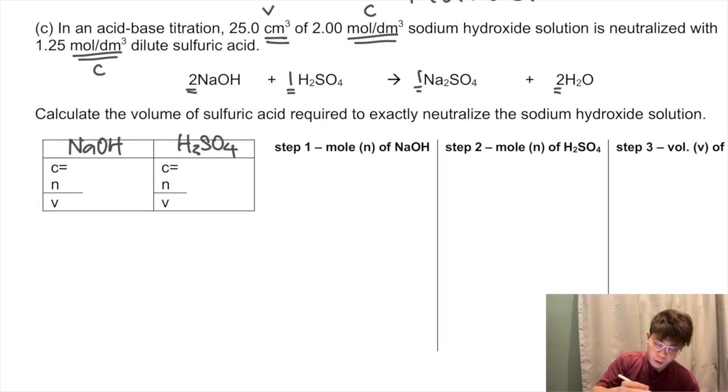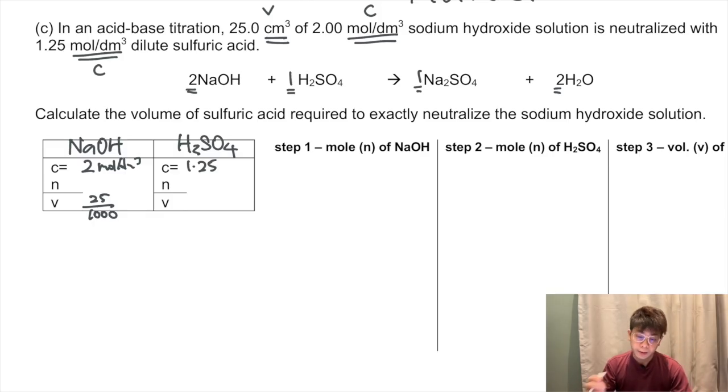I have 25 cm cube of sodium hydroxide, and 2 moles per dm cube of sodium hydroxide, which is the concentration. I also have 1.25 concentration of sulfuric acid. Are there any more numbers in the question? No, so now I have all the numbers down.